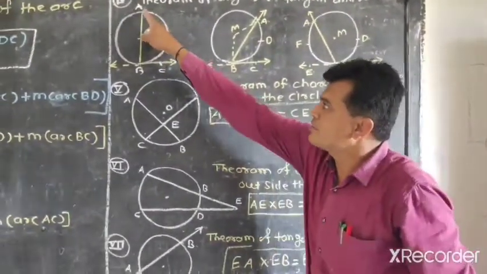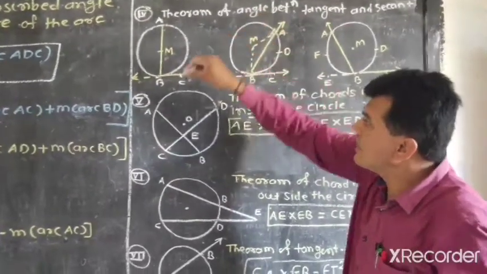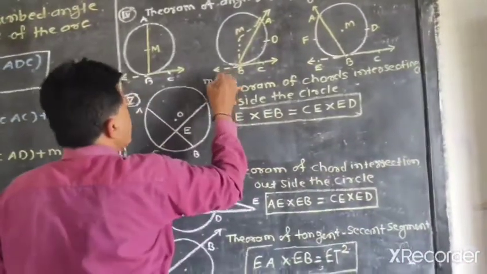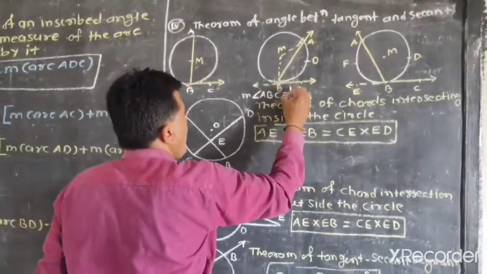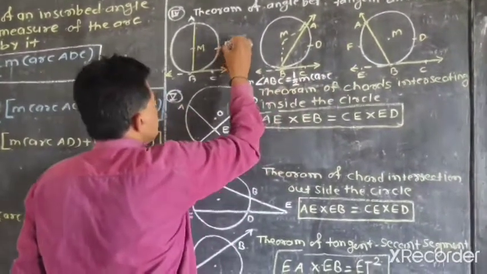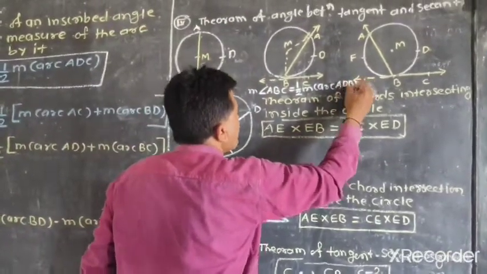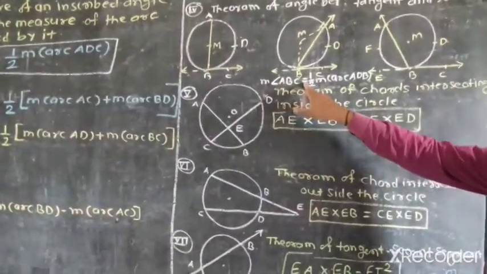Then AB passes through the center of the circle M, and measure angle ABC is equal to half measure arc ADB. Then we have to find the measure of arc ADB, which is the measure of angle ABC.